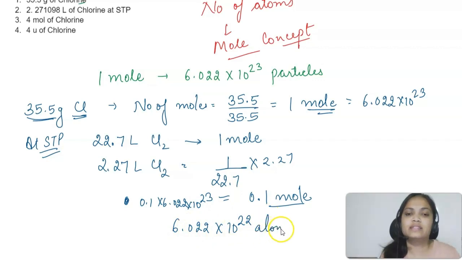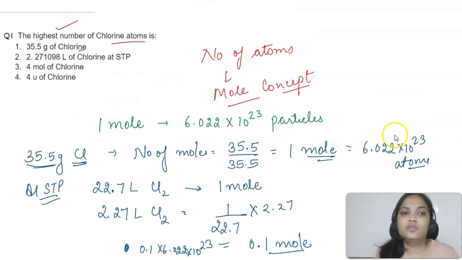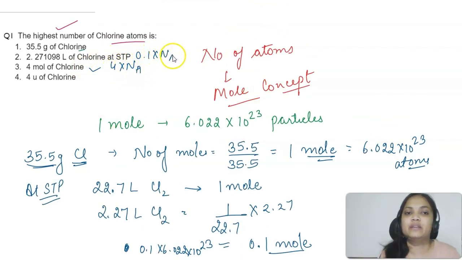Already it's less. Now 4 mole of chlorine will be 4 into Na number of particles. Here you can say 0.1 into Na number of atoms, and here 1 into Na.